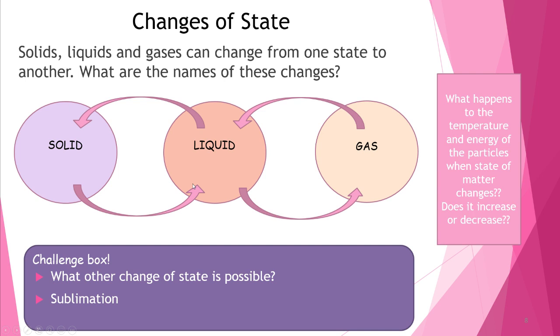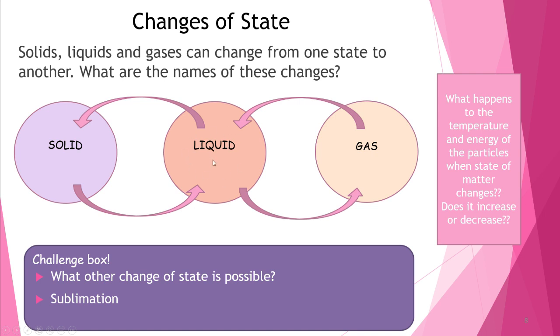Solid into liquid: what will happen to the temperature? It will increase. What will happen to energy? If temperature increases, the energy of the particles will increase and they will start moving slightly away from each other, and that is a liquid. We'll say our ice has turned into water now.